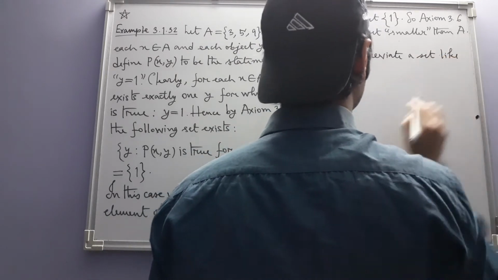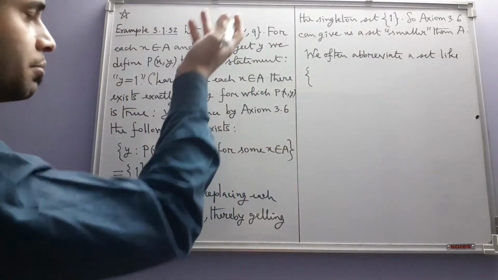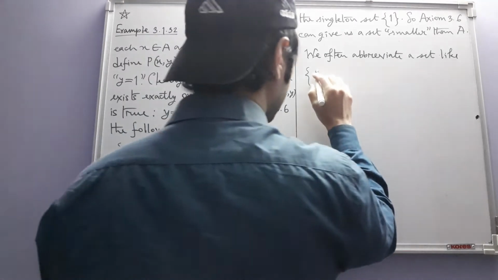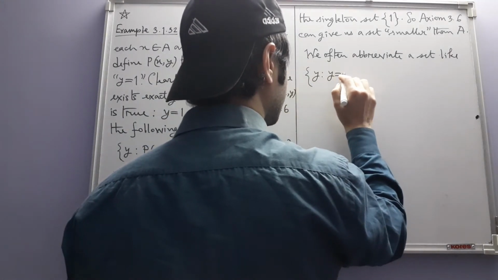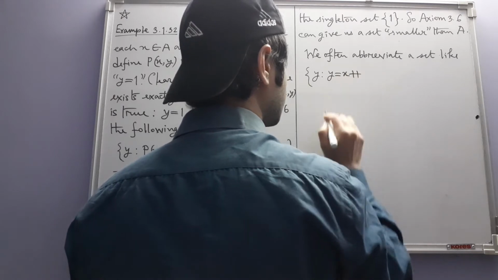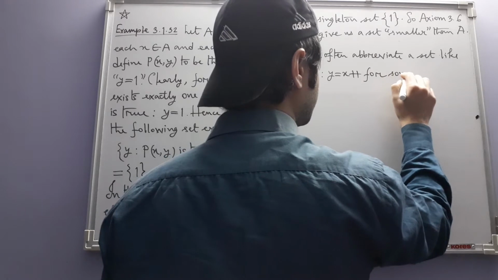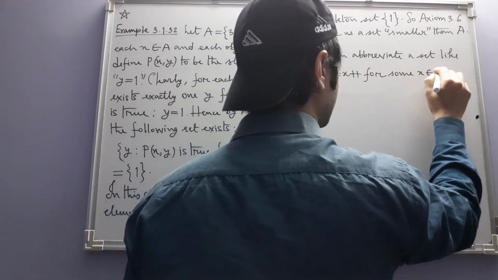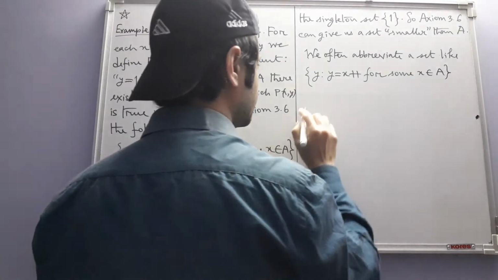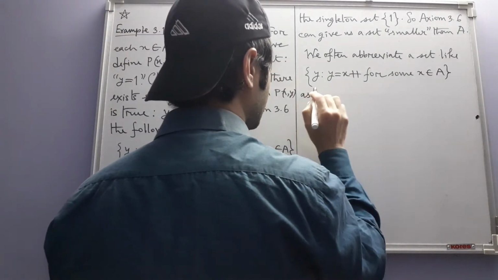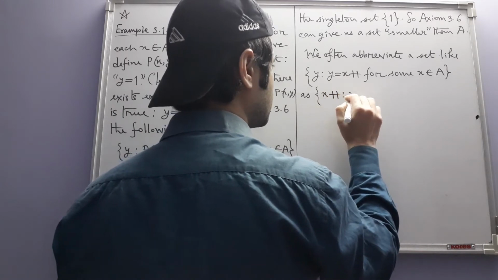We often abbreviate a set like, we can take the set from the previous example, the set of all y such that y equals the successor of x for some x belonging to A. Abbreviate a set like this as simply this.